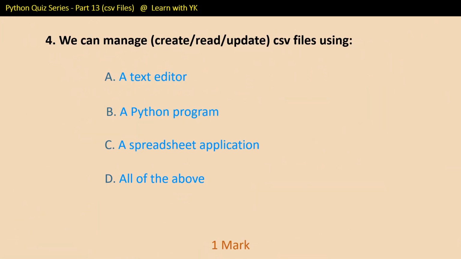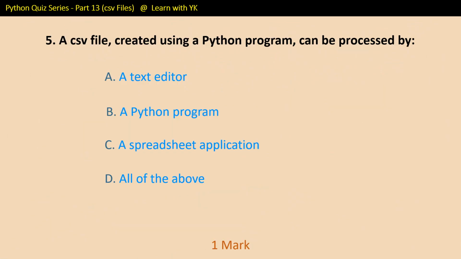Question number 4. We can manage, means create, read and update, CSV files using a text editor, a Python program, a spreadsheet application, or all of the above. And yes, the correct answer is all of the above. Question number 5. A CSV file created using a Python program can be processed by, choose the correct option.